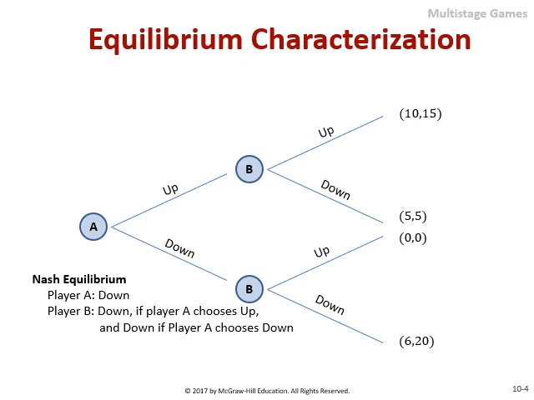Why do we call this a Nash equilibrium? Return back to the definition of the Nash equilibrium. What's the Nash equilibrium? In this equilibrium, no player can improve his or her payoff given the other player's strategy. So it's the best response of each player given the other player's strategy.